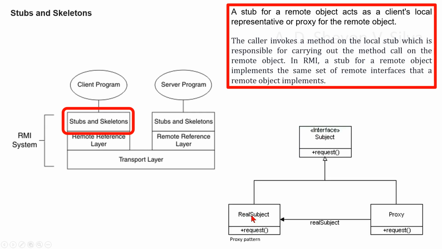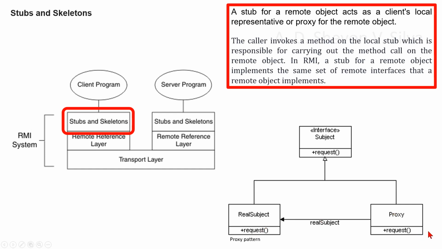Here you can see a proxy pattern. The stub and skeleton layer of RMI lie just beneath the view of the Java developer. In this layer, RMI uses the proxy design pattern as described in the book Design Patterns by Gamma, Helm, Johnson and Vlissides. In the proxy pattern, an object in one context is represented by another proxy in a separate context.